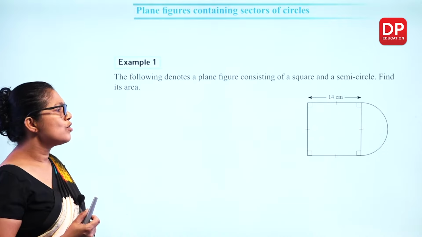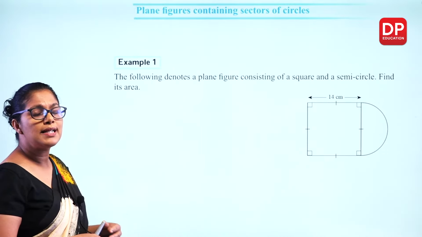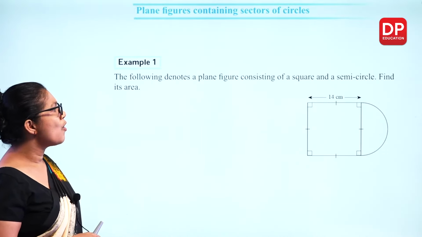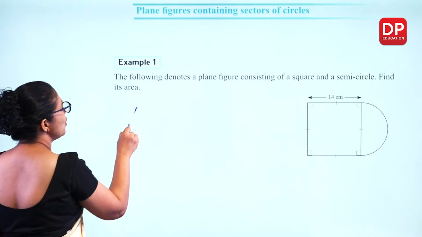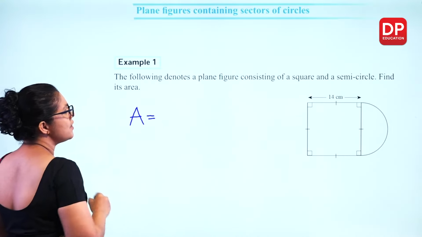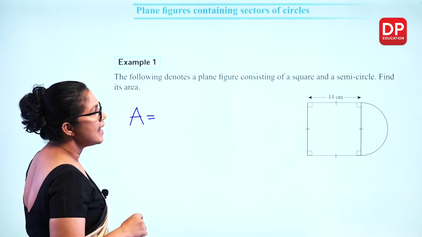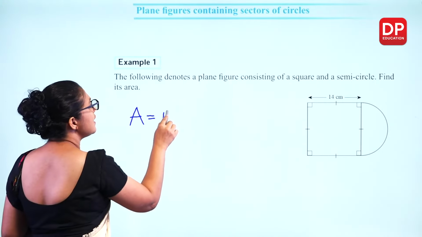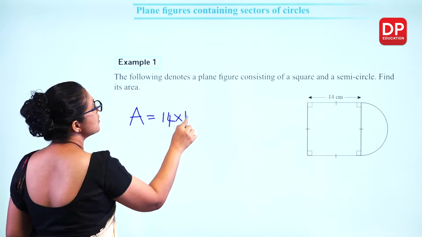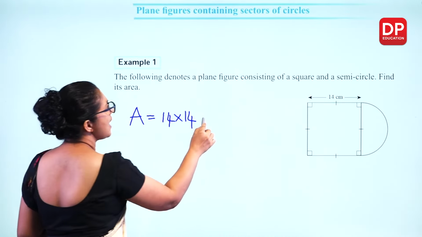So we'll try to find out the total area of the compound figure. We can straight away find the total area: the area of the square is length times length.